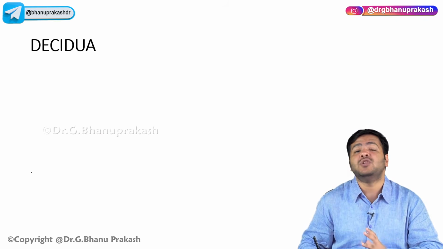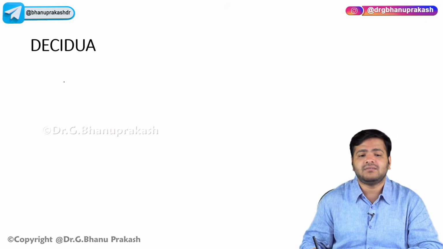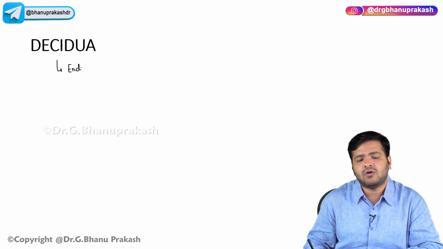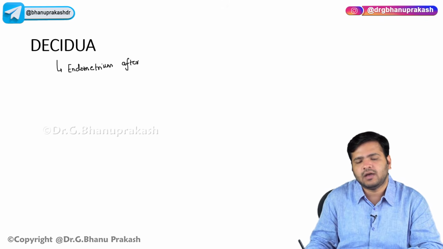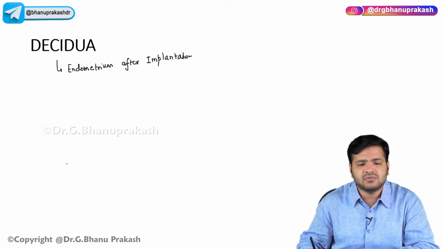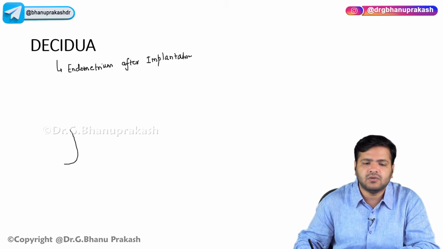Coming on to one more important structure called the decidua. Decidua is actually the endometrium after implantation. So let us suppose this is the uterine wall.